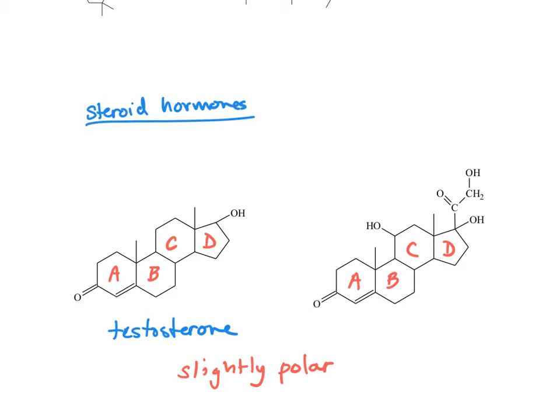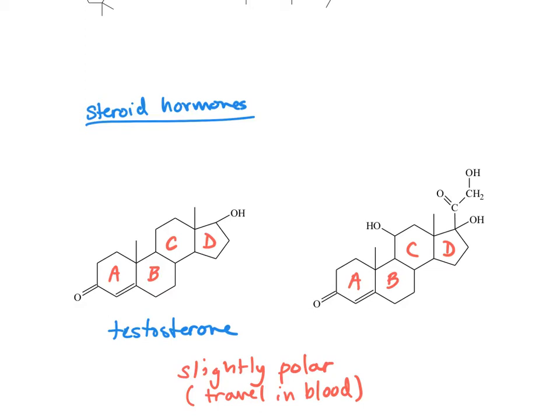In fact, they're very insoluble in water generally, but they do have a few polar groups, and having a weakly polar group on each end, it takes it away from being amphipathic. These are not membrane molecules. These travel in the blood, and they need to be somewhat polar to do that because the blood is an aqueous-based area.